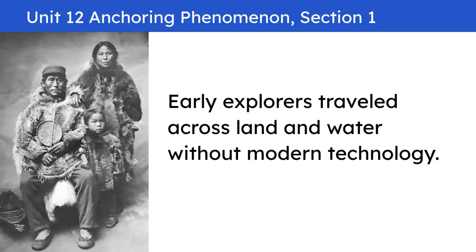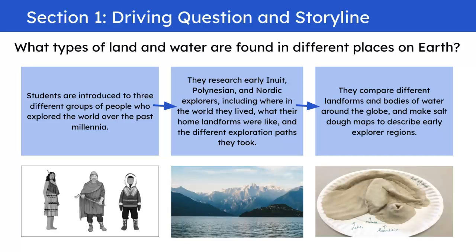The anchoring phenomenon for Section 1 is early explorers traveled across land and water without modern technology. The driving question for Section 1 is what types of land and water are found in different places on Earth. Students connect to the anchoring phenomenon of 3 different groups of people who explored the world over the past millennia.